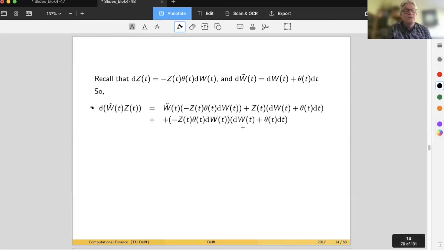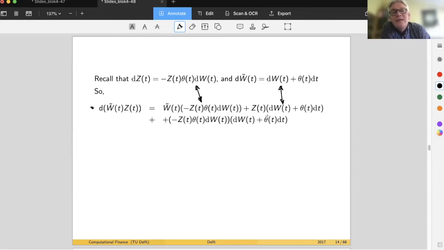Now using the Ito product rule tells us that d(W tilde T ZT) is W tilde T dZT, so here we find this one back, plus ZT dW tilde T, so that appears here, plus dZT dW tilde T, so the multiplication of this term and this term.